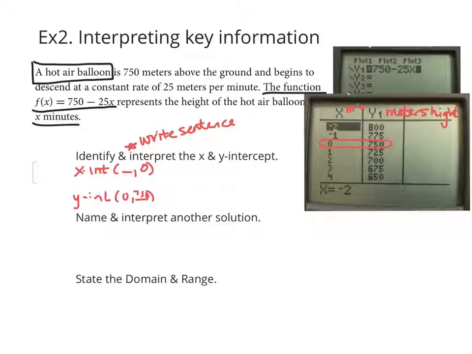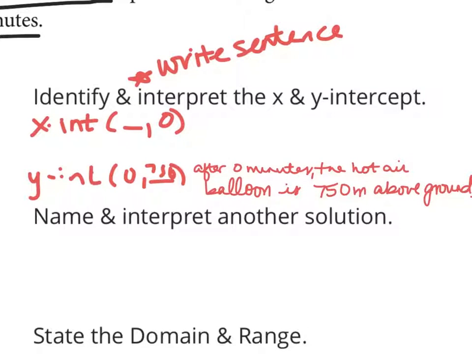So 0, 750 is going to mean that after 0 minutes, the hot air balloon is 750 meters above the ground. Another way you could say that is, at the start or at the beginning, the hot air balloon is 750 meters off the ground.